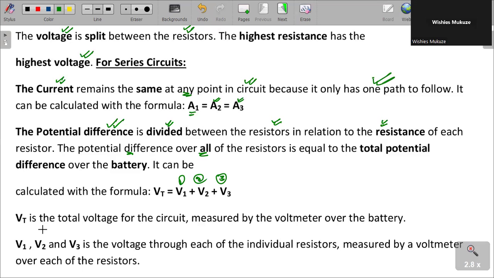What is happening is that the total voltage for the circuit is measured by the voltmeter over the battery. The voltmeter is used to measure the total voltage over the battery.